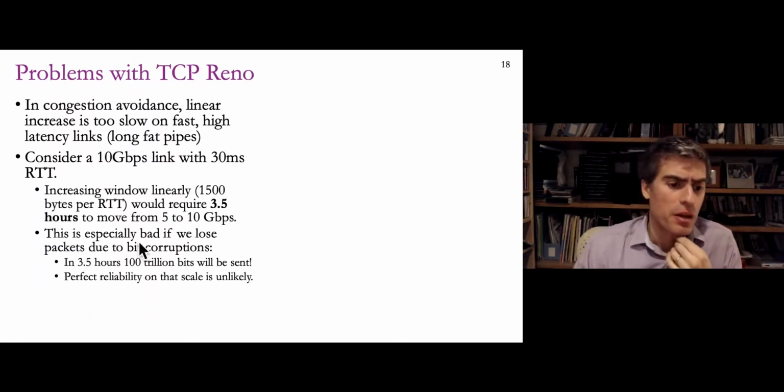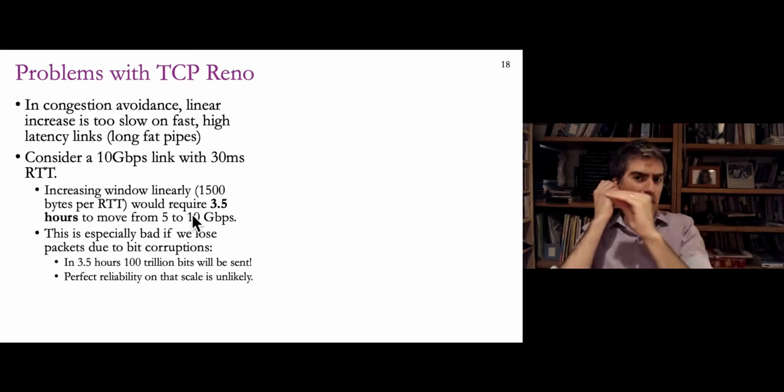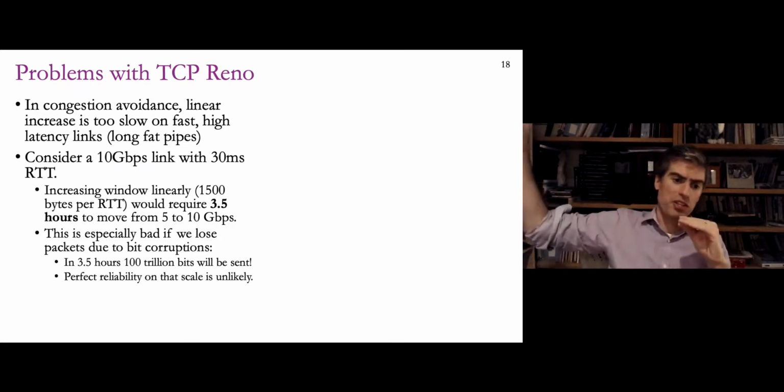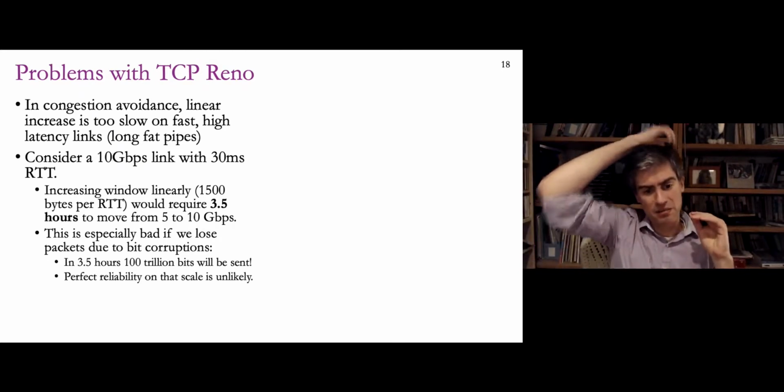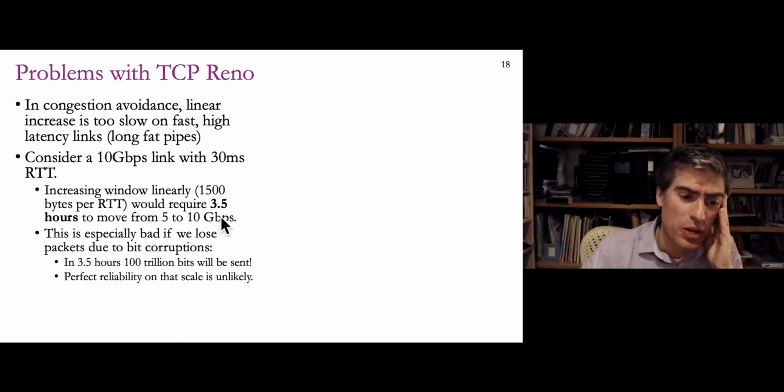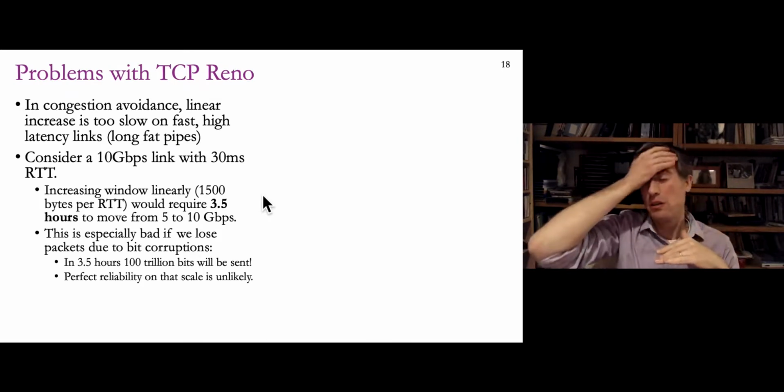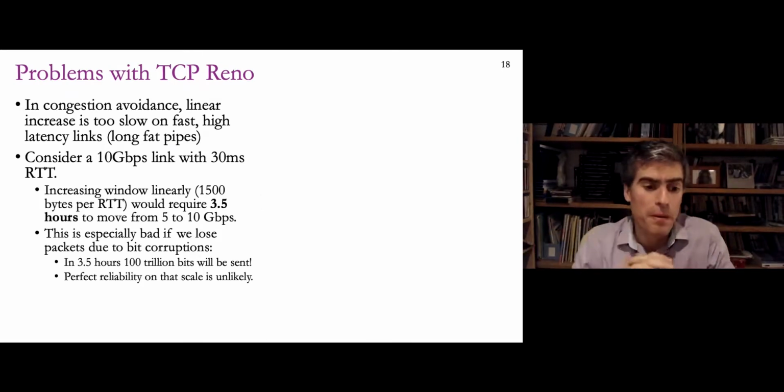Now, if you're following TCP Reno, then you're increasing the window size linearly. That's 1,500 bytes per round trip time. That's a really slow linear increase because the maximum you're trying to reach, 10 gigabits per second, is really high. It would actually take 3.5 hours to move from half of the maximum to the maximum. Using slow start, you'll get to the maximum with that exponential increase really quickly.